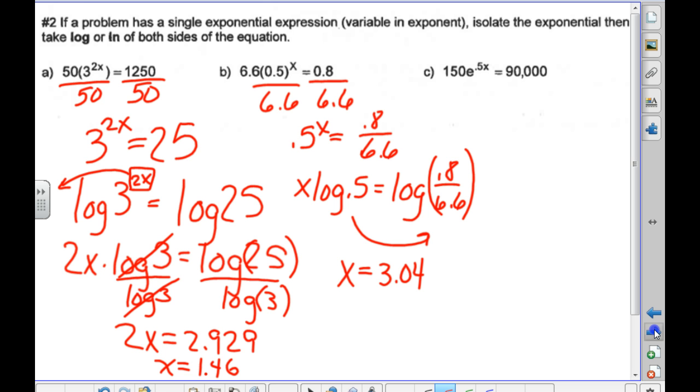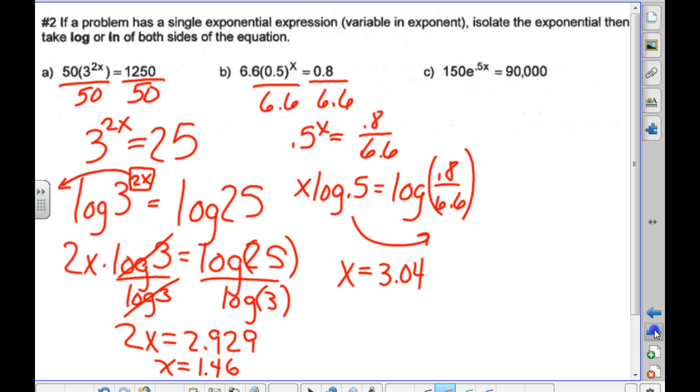Does that make sense? Are you getting the same answer? Most calculators will only do log or ln. They don't do log base 0.5 or whatever, okay? You can change the base, yeah, absolutely.